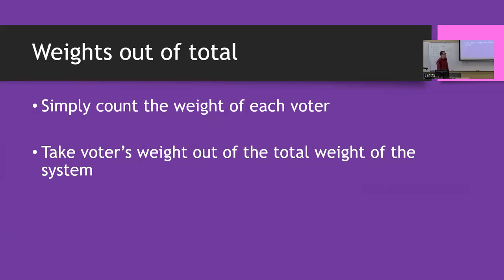So one way many people try to figure out power is they just take the percentage of the votes. If in Michigan there's, let's say, 5 million people voting for senator, and I have 1 out of the 5 million, my power is 1 out of 5 million. Right?